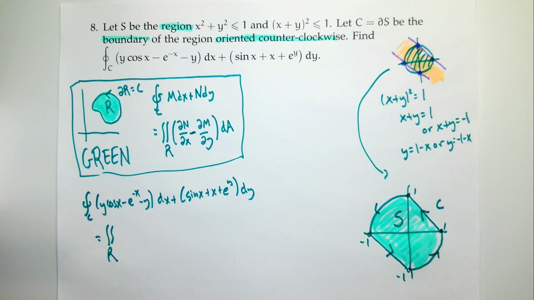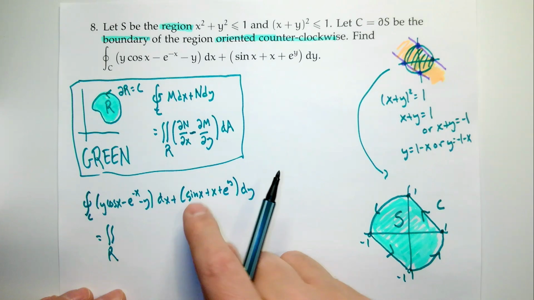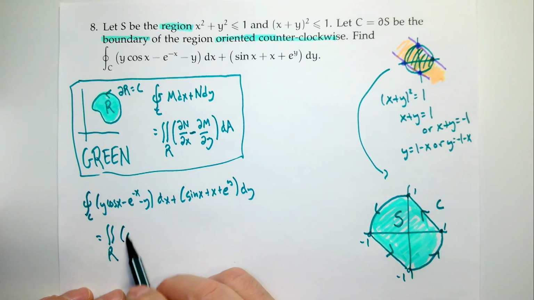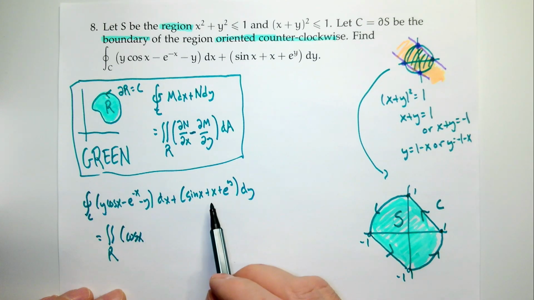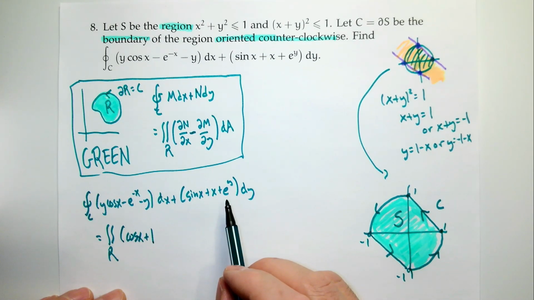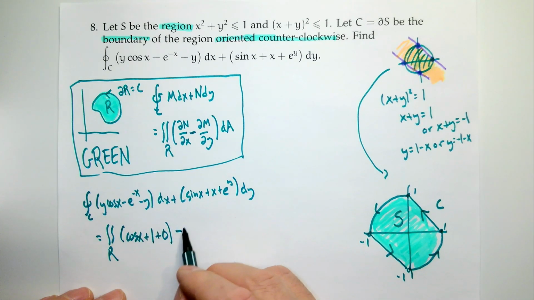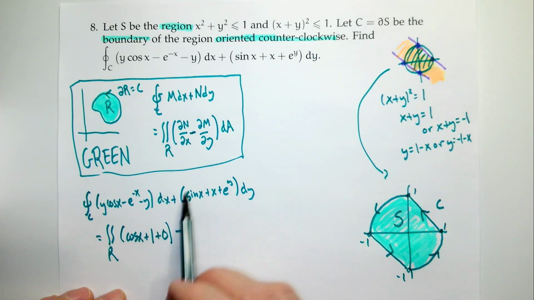Now we come to this term here, and we're going to take the derivative of this with respect to x. Derivative of sine x with respect to x is cosine of x. Derivative of x with respect to x is 1. Derivative of e to the y with respect to x is 0.